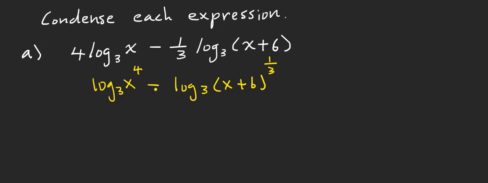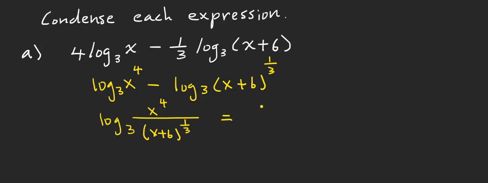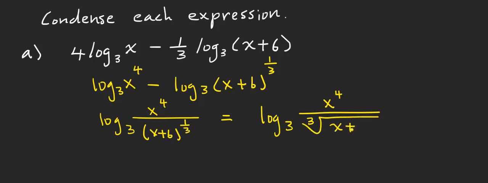Now using the quotient property, it will be log base 3 of x to the 4th over quantity x plus 6 to the 1/3. This is the same thing as log base 3 of x to the 4th over the cube root of quantity x plus 6. And this is good enough.